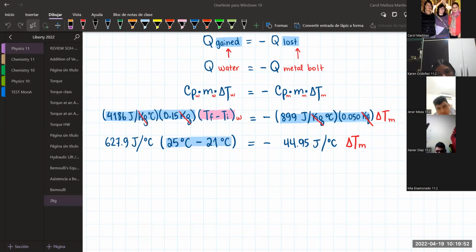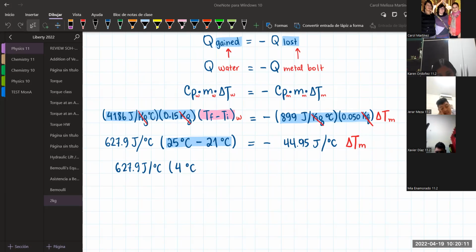25 minus 21 is going to give you 4. Okay? So this is going to be 627.9 joules over Celsius degrees multiplying 4 Celsius degrees.